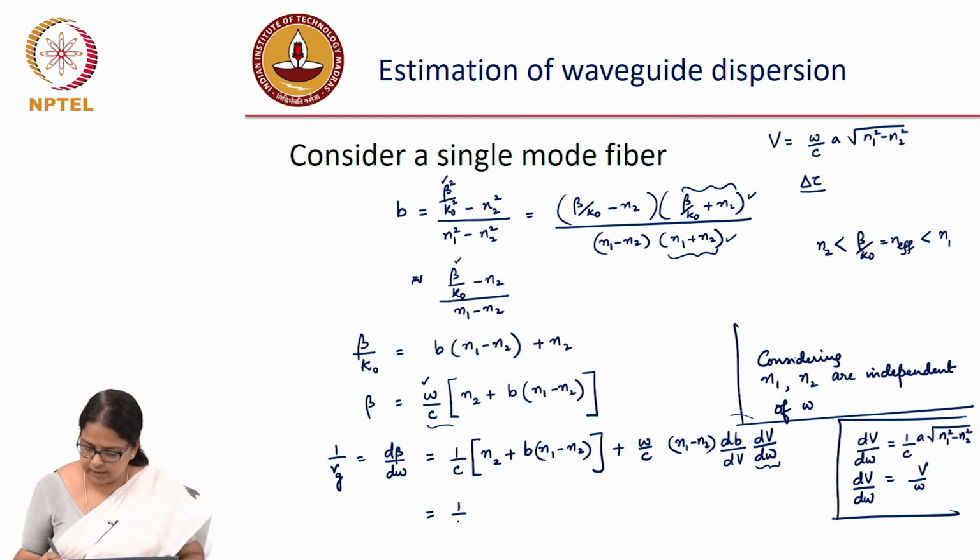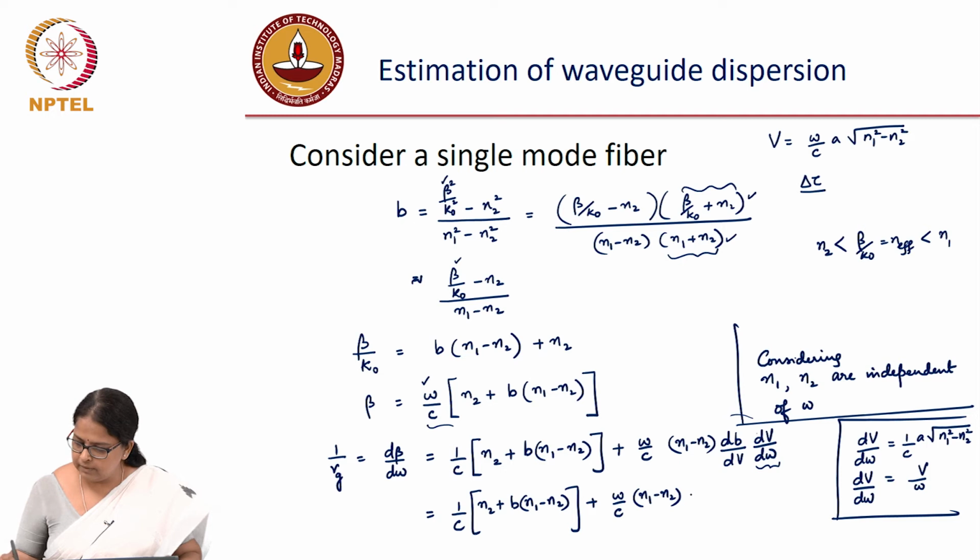So, I can substitute this as 1 by c n2 plus b times n1 minus n2 plus omega by c n1 minus n2, dv by d omega is v over omega, and I still have db by dv, okay, of which my omega cancels and 1 by c is common again.